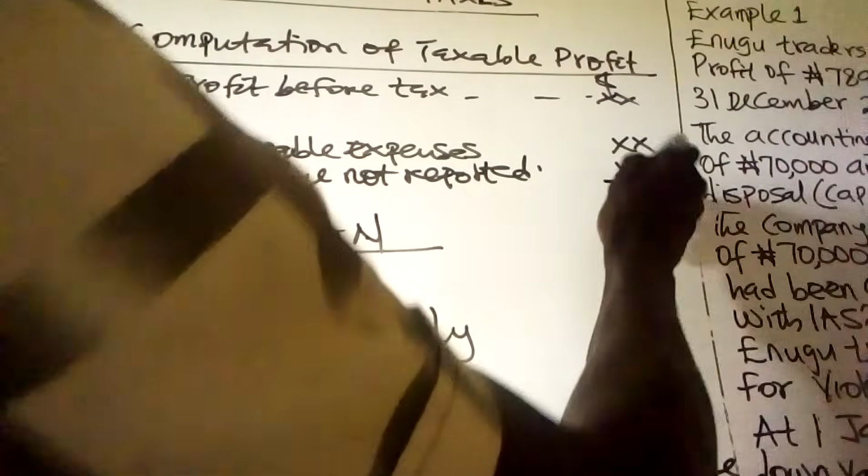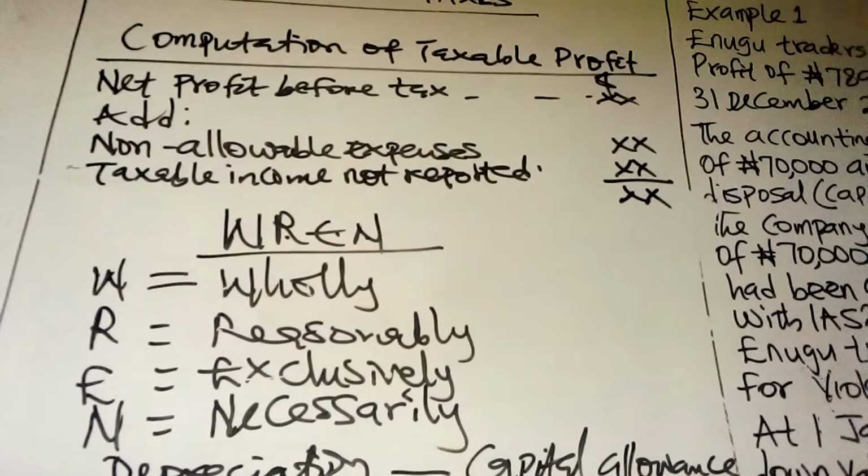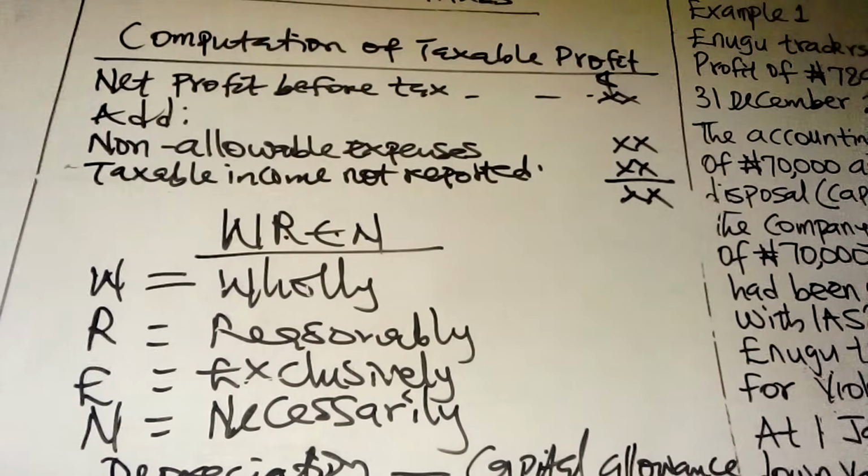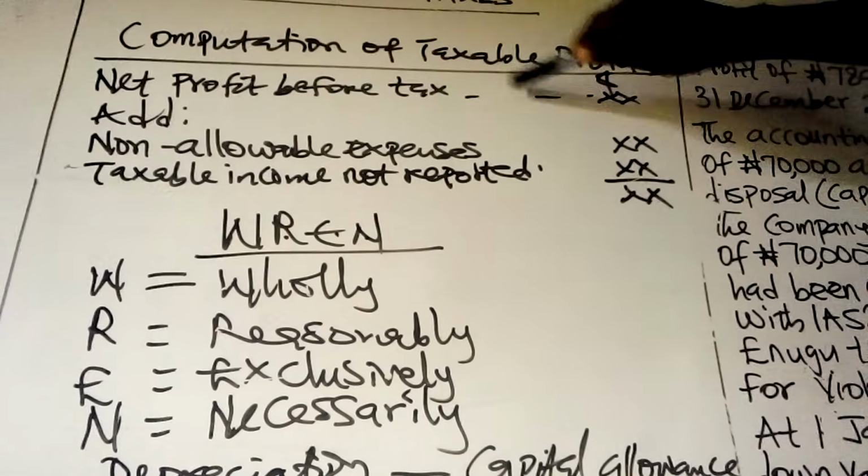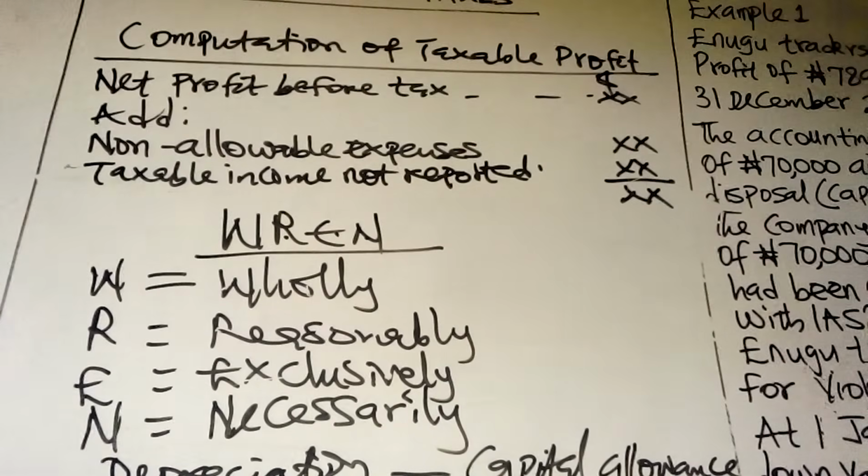The taxable income not reported are those incomes that are taxable but which are not recorded in the financial statement. Though they are taxable, they have not been recognized in the financial statement, so you add them.